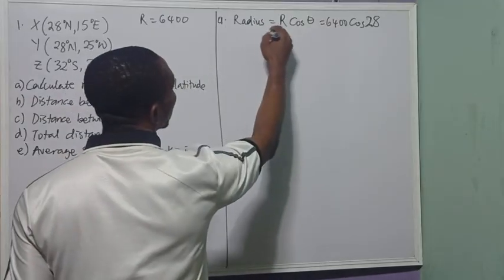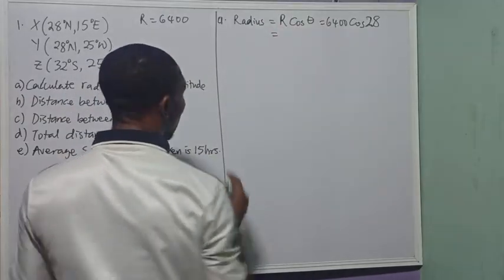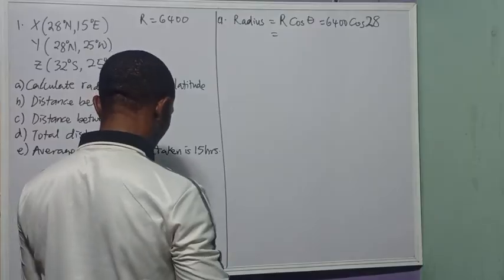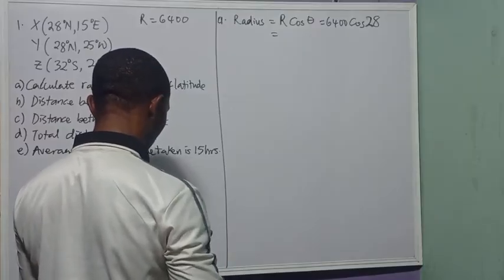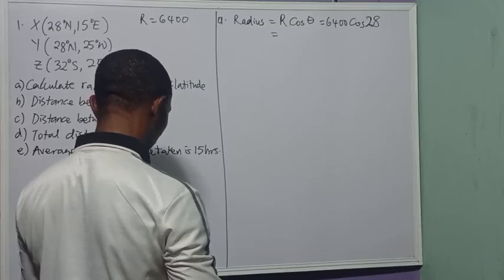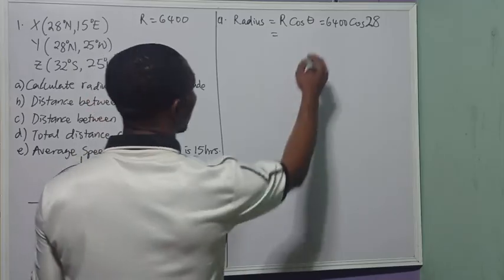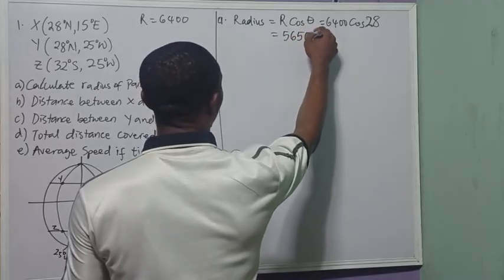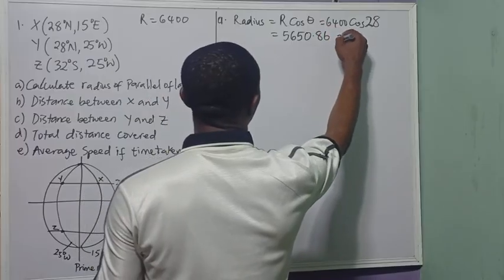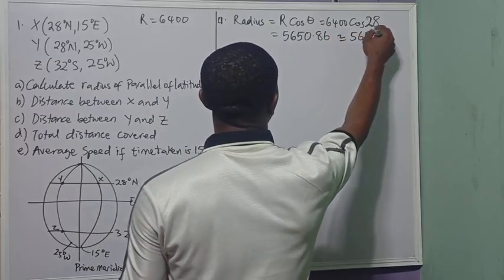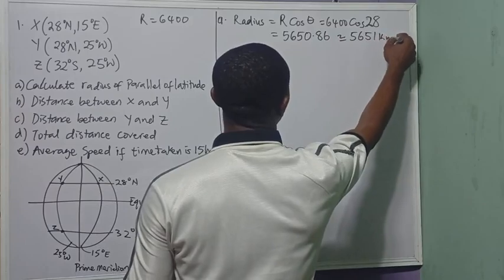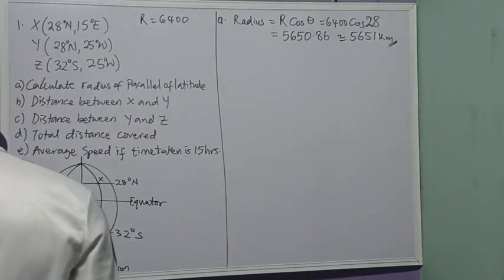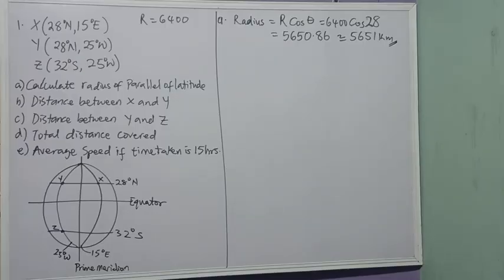So our radius would be 6,400 times cos 28, which gives us 5650.86, approximately 5651 kilometers. That will be the radius of that parallel of latitude.